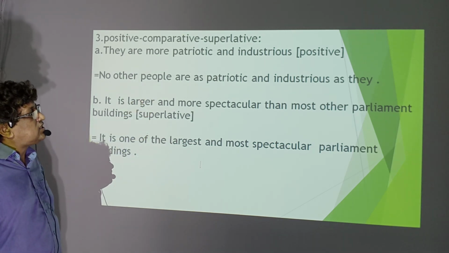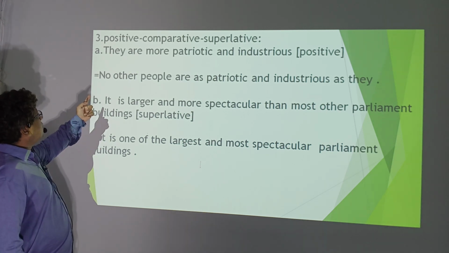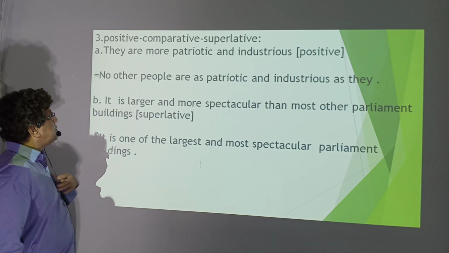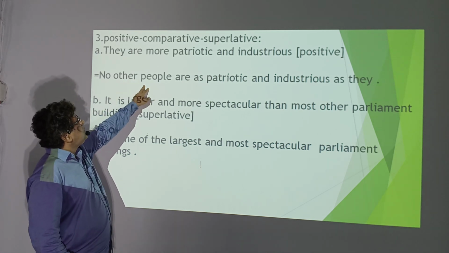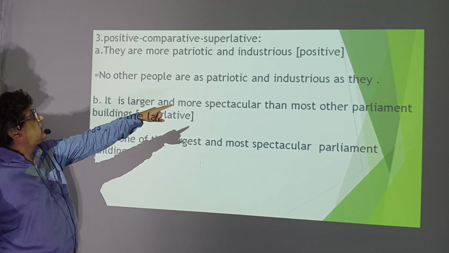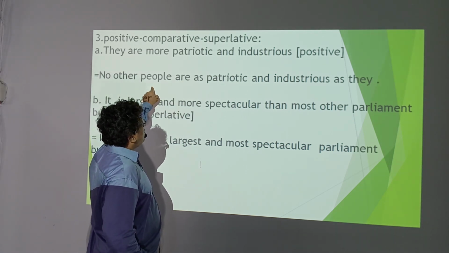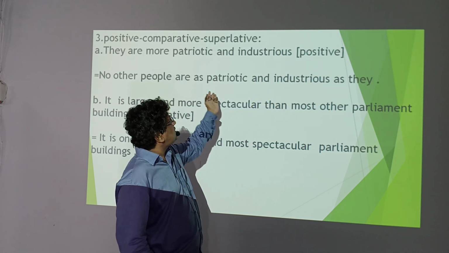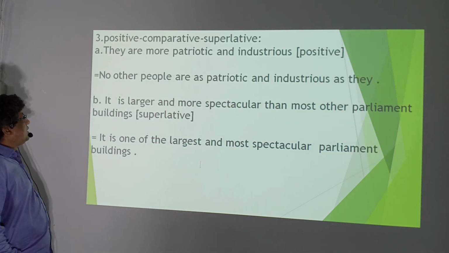Now the instruction is to transform it into positive, so we will use "no other." So, "No other people are as patriotic and industrious as they." The form is "no other people" and "as adjective as." This is the form of positive degree.